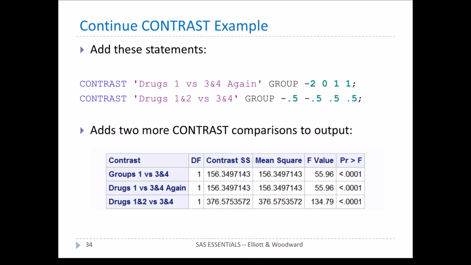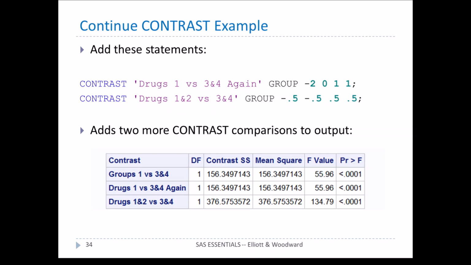All right, so here we could add some more statements. I've added 2 here. Actually, the first one is really the same as the one we just looked at. I've just changed the number values. So instead of -1 and 0.5, 0.5, I put -2 and then 1, 1. It still adds up to 0, and it still gives me the same contrast as you can see in the table below. The second one there is 1 and 2 versus 3 and 4. In this case, I have -0.5, -0.5, and then 0.5, 0.5. Again, it all adds up to 0.